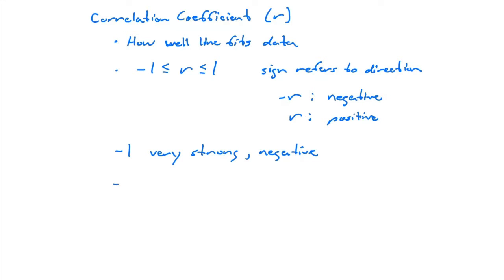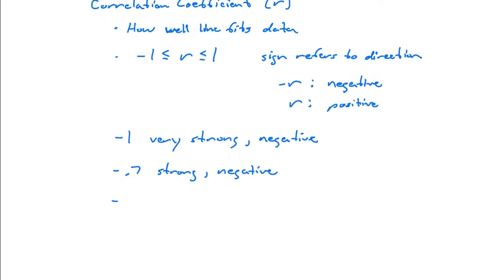Something like, let's say like a -0.7, well, we'd say that that's strong, right? It's a strong negative correlation. We get down to about -0.5 and it's moderately strong, right? So we're using adjectives here to try to define how strong. And one of the frustrations for some people is that there's no like hard, fast rule.